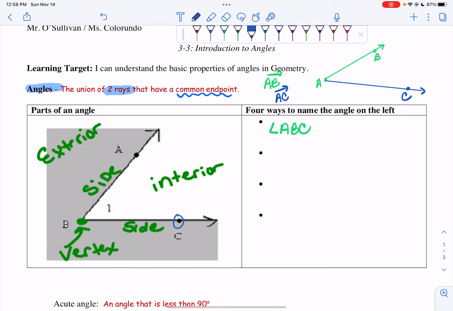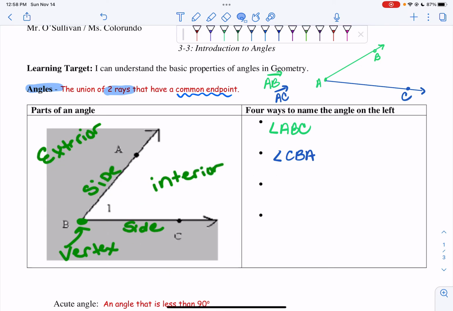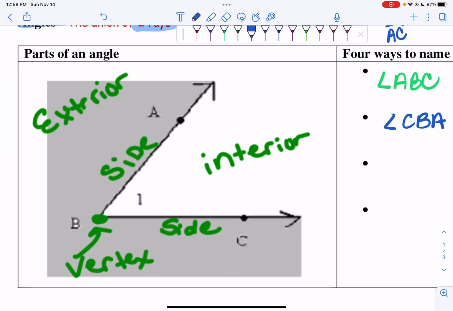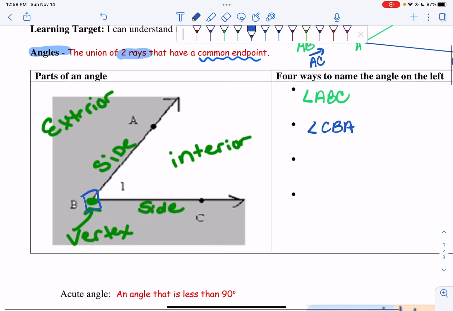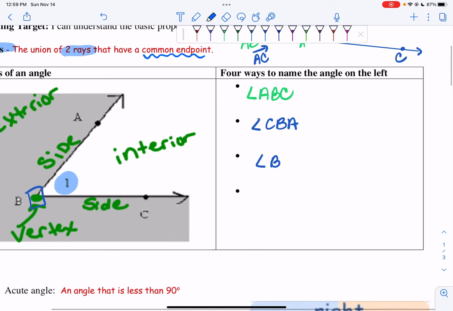I can also start at C, go to B, and then end at A. So I can say I have angle CBA. I could also just name it angle B using one letter. Or what we're going to typically do is we can just put a number here. We're not saying that this is 1 degree. We're just saying that this is angle 1.